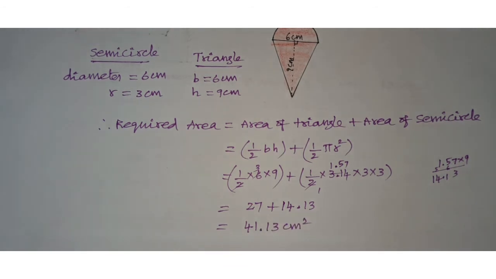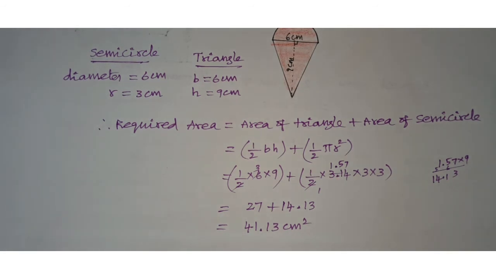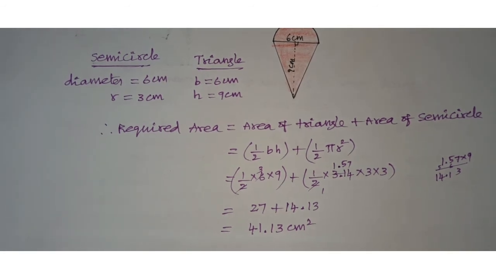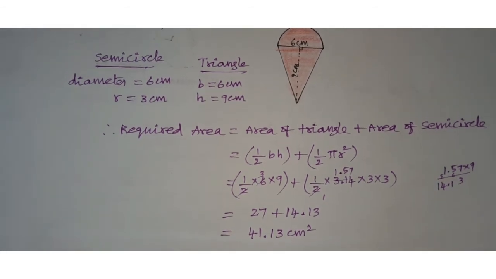This is the required area. Okay. So students, you can do separately also. Separately we can write area of semicircle, area of triangle, and finally we can add. Otherwise together also we can do. No problem, in any way you can complete. Okay. So fourth sum over.